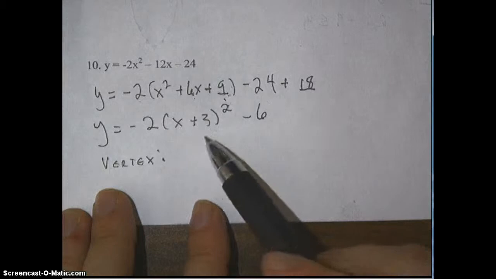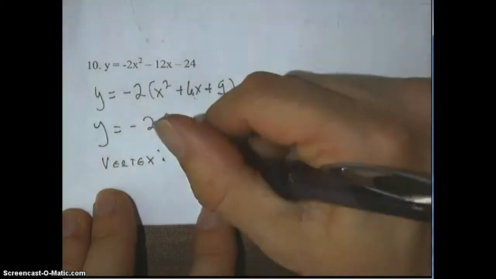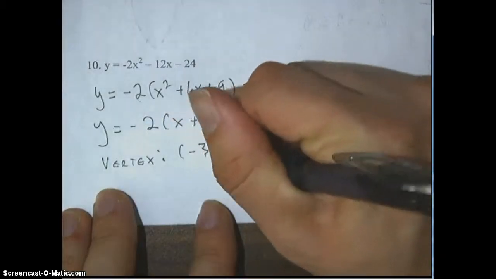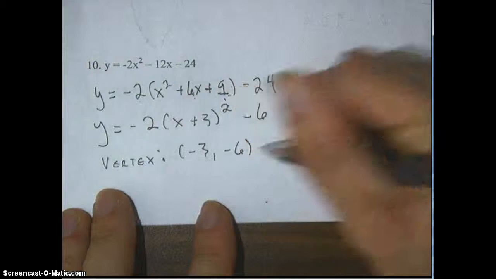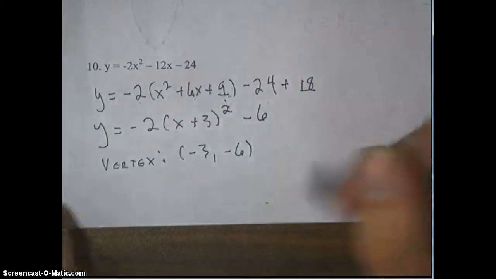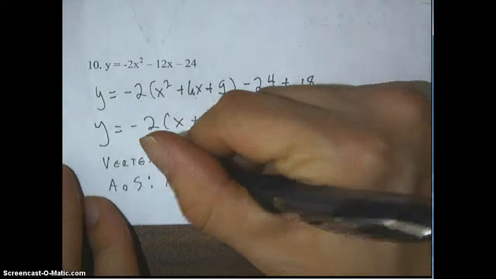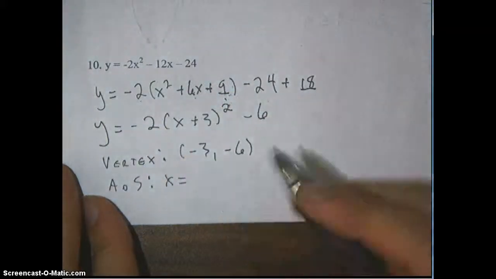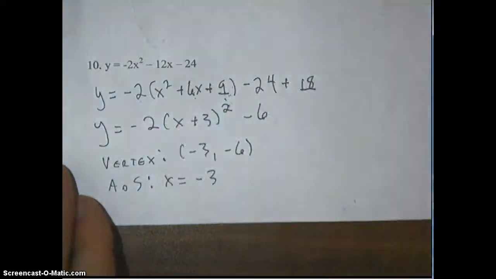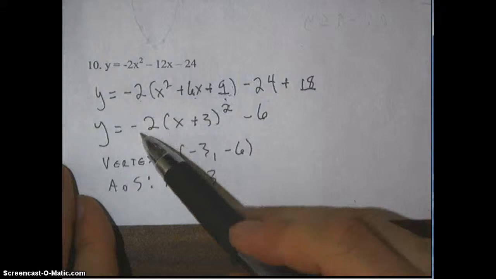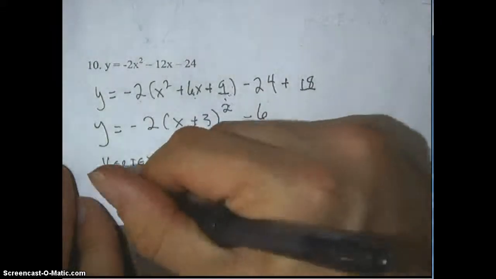Remember, inside the parentheses is counterintuitive, so that's going to be (negative 3, negative 6). The axis of symmetry is x equals whatever the vertex x is, negative 3. And then it's a negative, so it's going to open downwards.